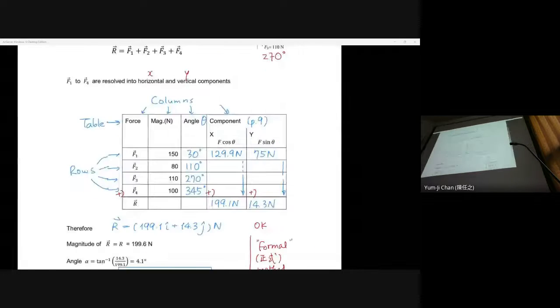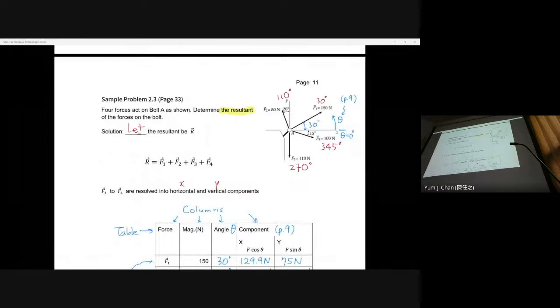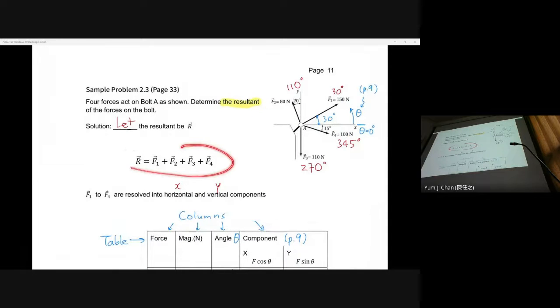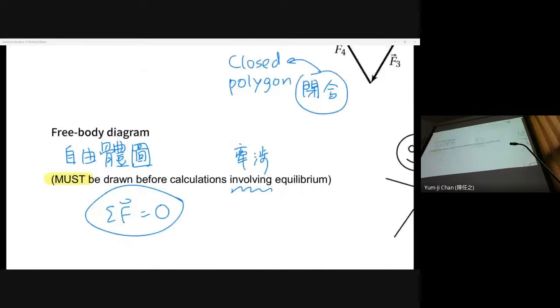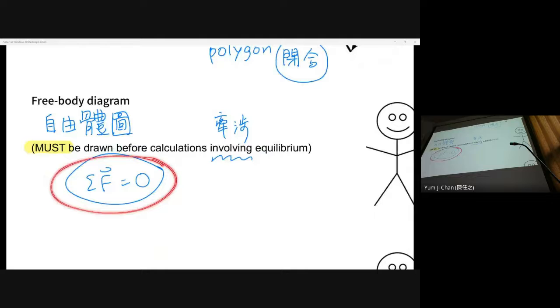For a problem like on page 11, we are only calculating R equals F1 plus F2 plus F3 plus F4. We don't have this equation, so it is okay not to draw the diagram. But as long as you use this equation, it must be drawn, okay?